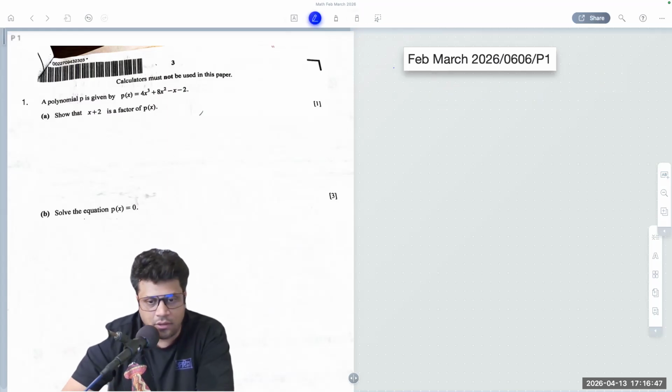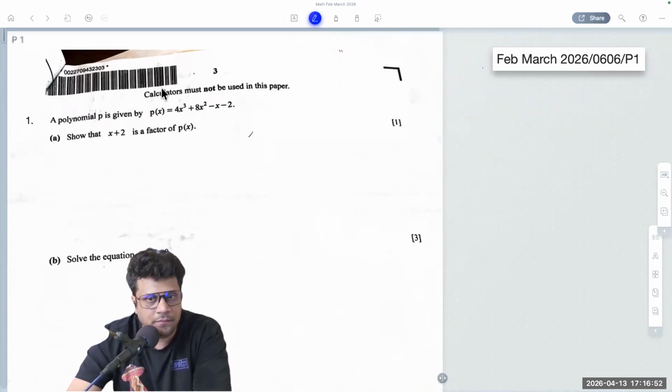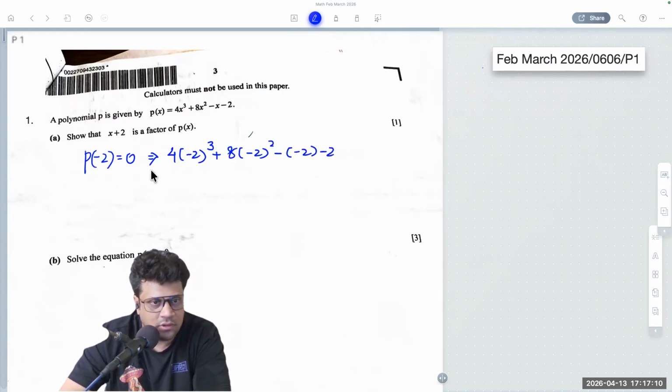So let's see. What do we have here? Show that x plus 2 is a factor of p(x). So we use the factor theorem. P of minus 2 should be 0. So 4 times minus 2 cubed plus 8 times minus 2 squared minus of minus 2 minus 2 should come out to be 0.